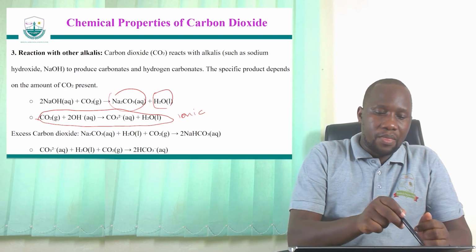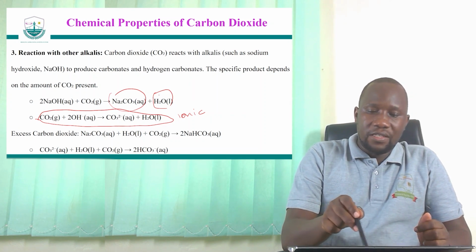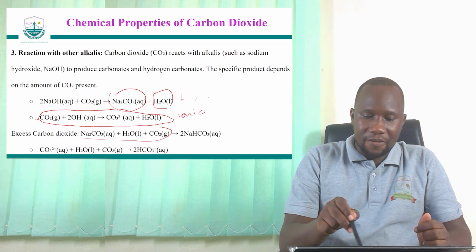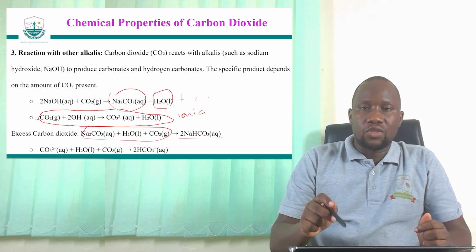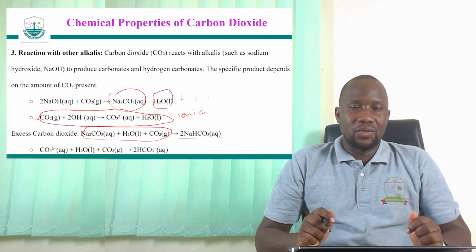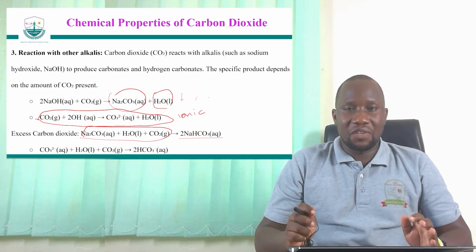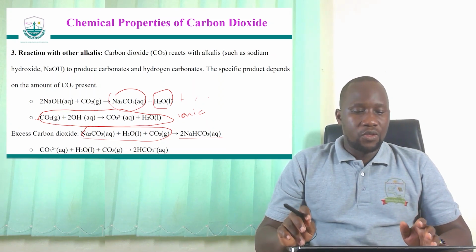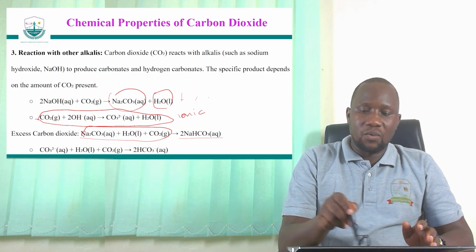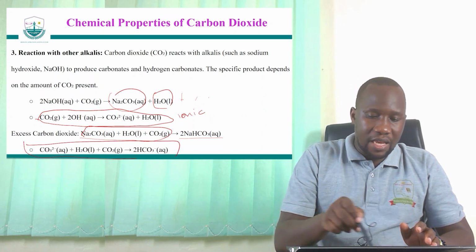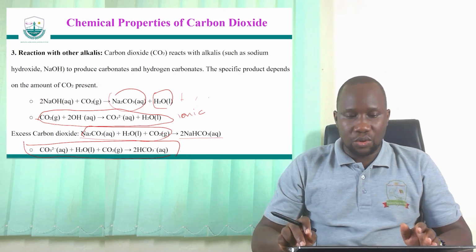If you pass more carbon dioxide, you will form sodium hydrogen carbonate. So you can say that it is similar to the other reaction that we talked about. This also is the ionic equation for that equation.